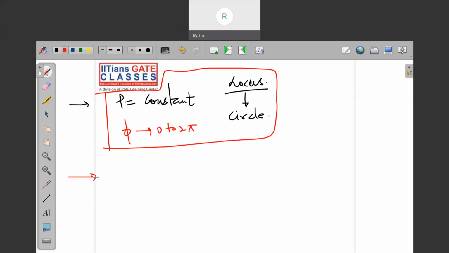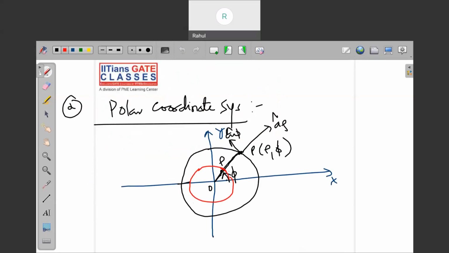Okay, this is a phi and this is a rho, right? They are the unit vectors and are orthogonal to each other. Anywhere you take a point here, if the rho is constant, you can see the phi direction and everything will be changing. The rho is pointing like this, and your phi direction is like this.